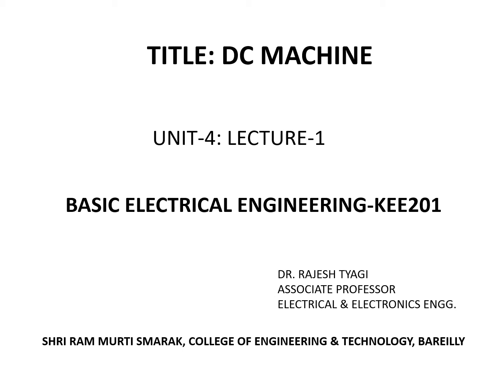The three phase AC machine may be a three phase induction motor or a three phase synchronous motor or generator, based on the working principle. But in this lecture of unit number 4, I will focus only on the DC machine.